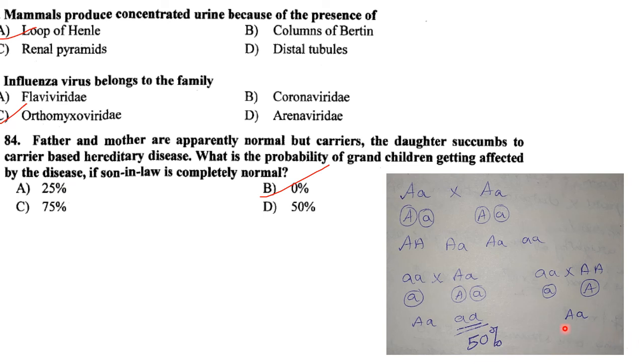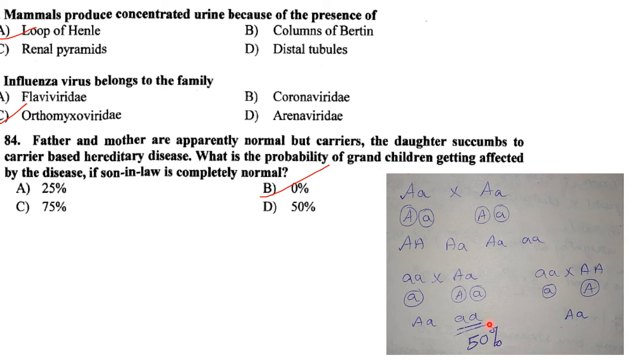It can be 0% if the genotype of the man is capital A, capital A, or it can be 50% if he is a heterozygous carrier, capital A, small a. Still, he will be normal phenotypically. If it is a heterozygous carrier, then small a will be 50%, so chances of grandchildren getting affected by the disease is there.